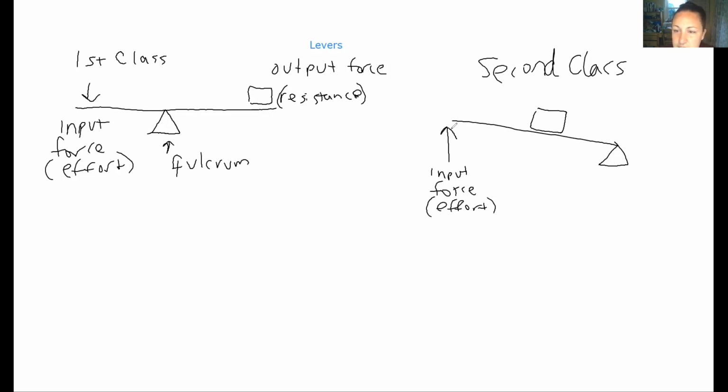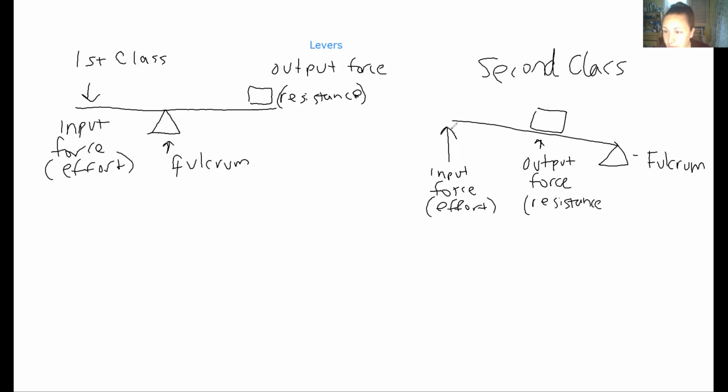Our resistance is in the middle, so our output force. And our pivot or fulcrum is at the end.